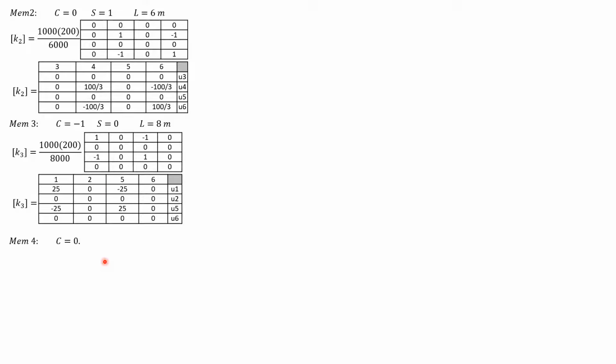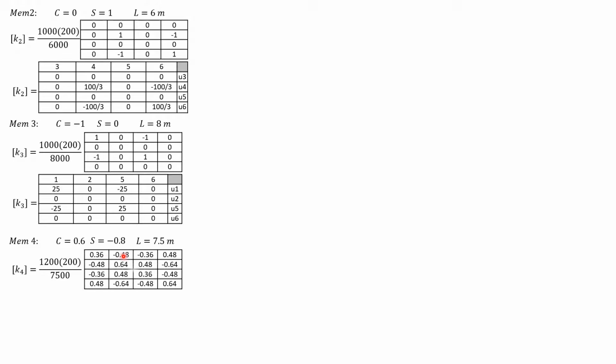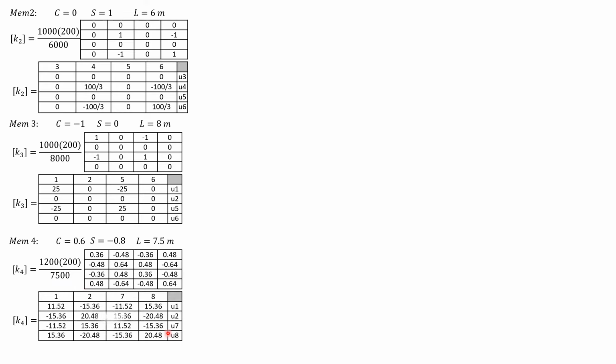And number 4, cosine is 0.6, sine is negative 0.8, length is 7.5. So K4 is 1,200 for the area, E over length times 0.36, negative 0.48, CS is negative 0.48 for negatives, then CS is negative 0.48, S squared is 0.64, and their negatives, then copy, copy. So K4 with this value, AE over L, into the 4 by 4 matrix would be that result.